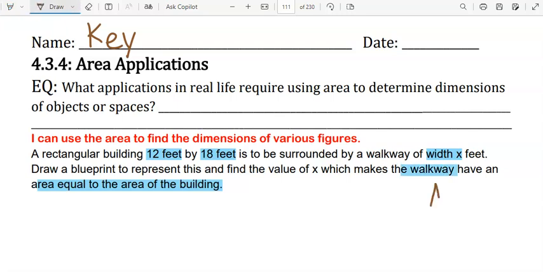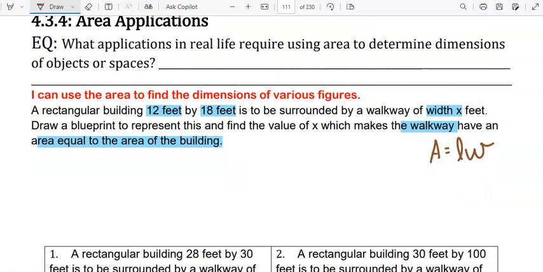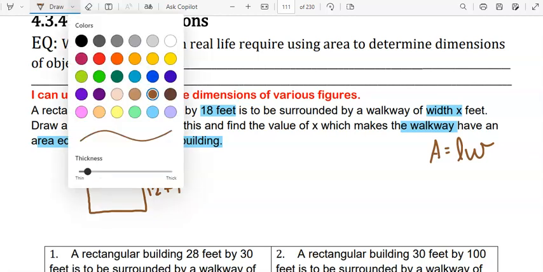So let's recall that the area of a rectangle is length times width. Let's draw a diagram out for this one. We have our building, which is 12 feet by 18 feet, and we want to surround it with a walkway.